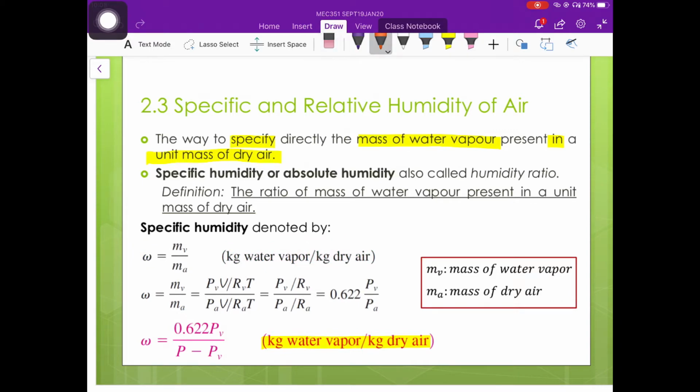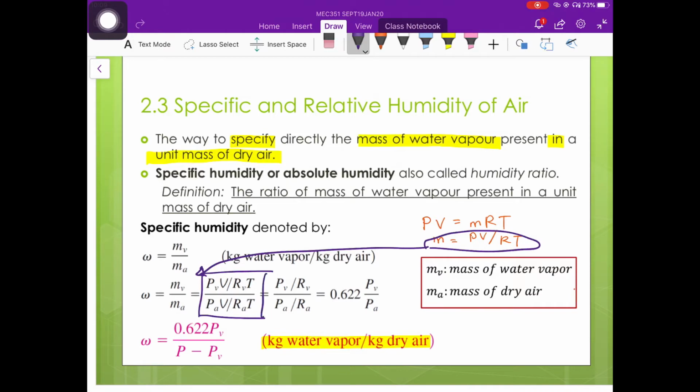Since we know that PV equals mRT, if we rearrange so that we have the mass as the head of the equation, we're going to get mass equals PV divided by RT. And if we substitute this into the general form of the specific humidity, we're going to get it in the form of this.